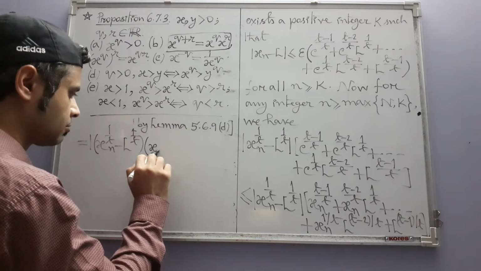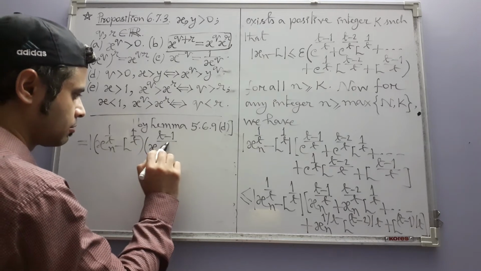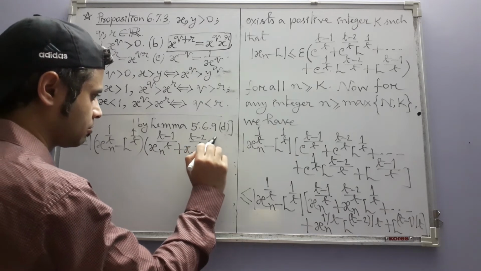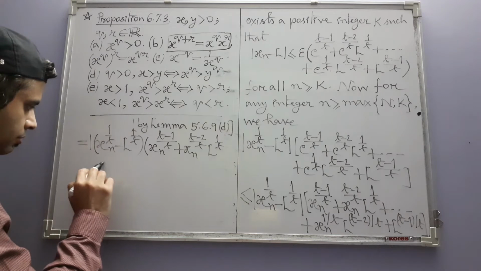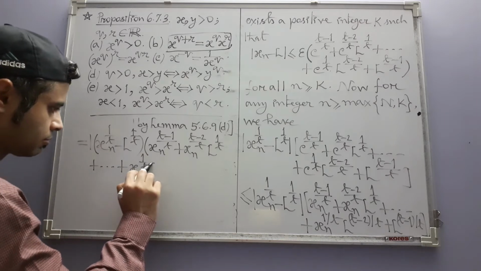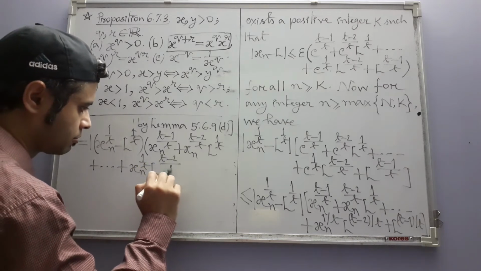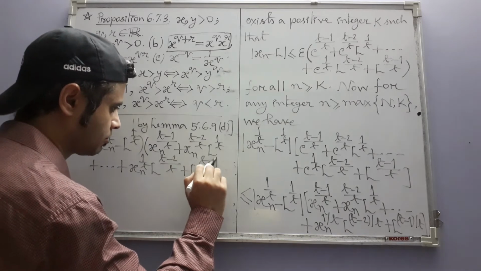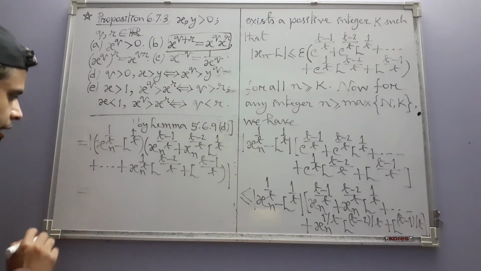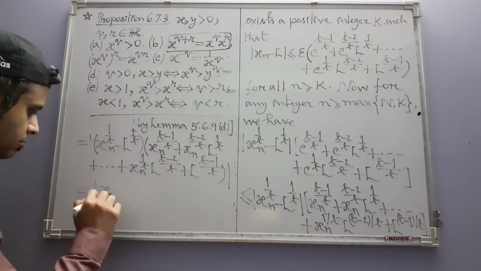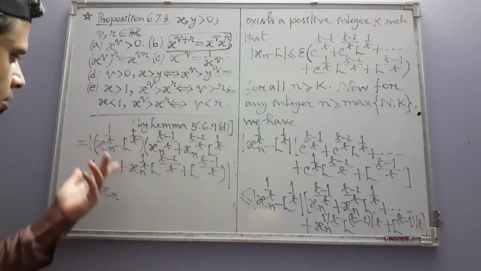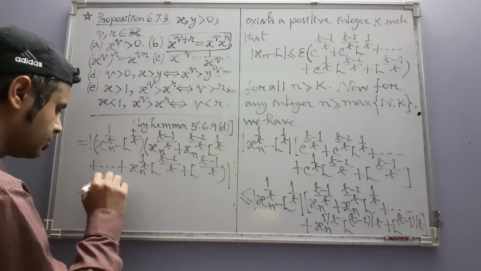Times, and this is the tth power of the tth root of xn minus the tth power of the tth. Let me just write it explicitly.